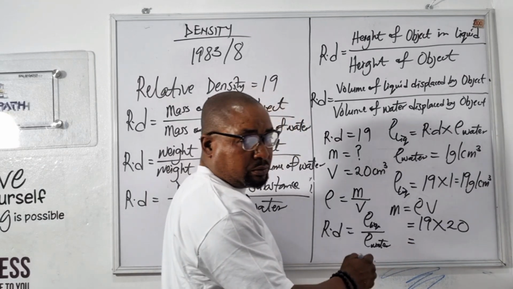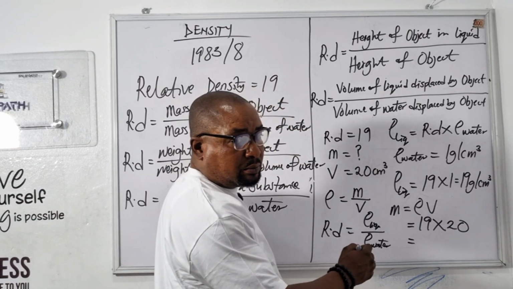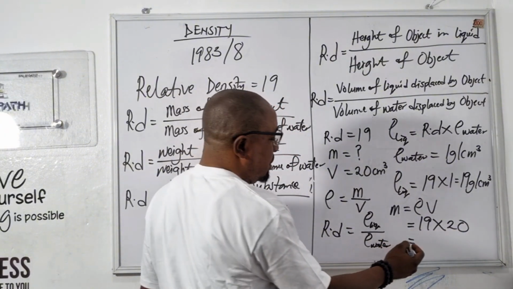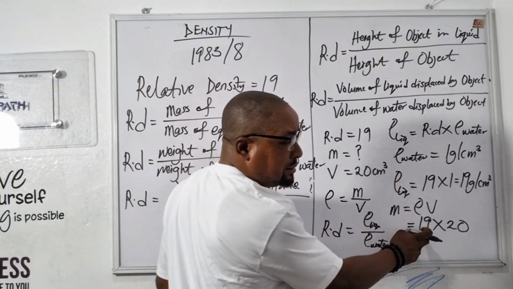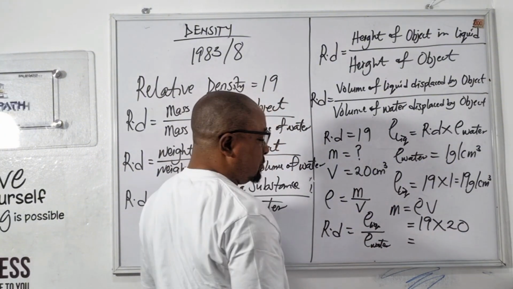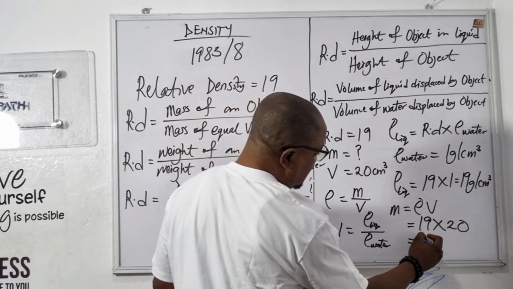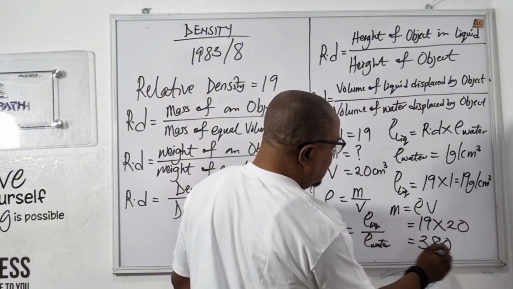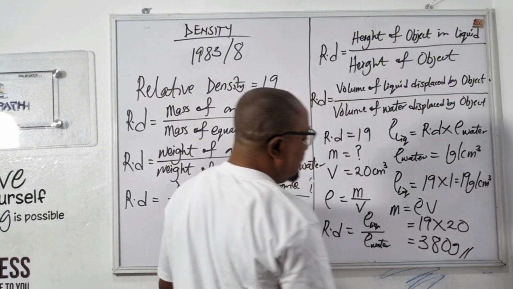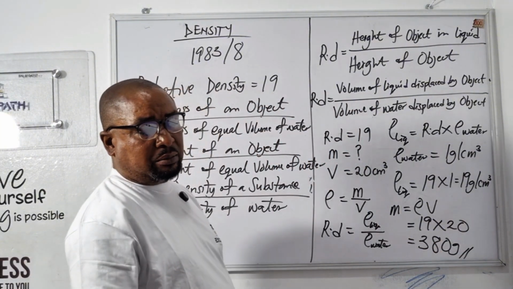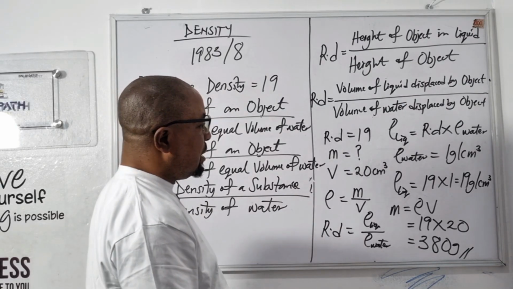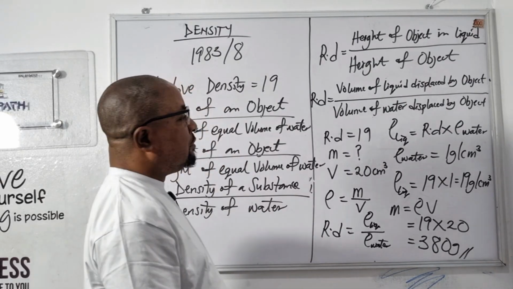That gives us 380 grams. Is that clear? So that is a very good example of relative density.